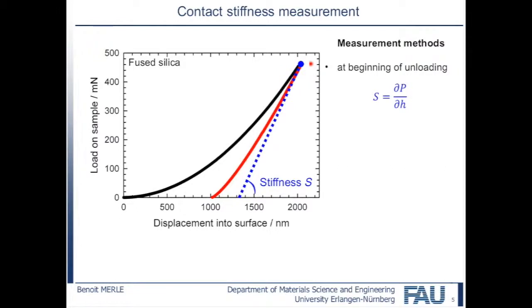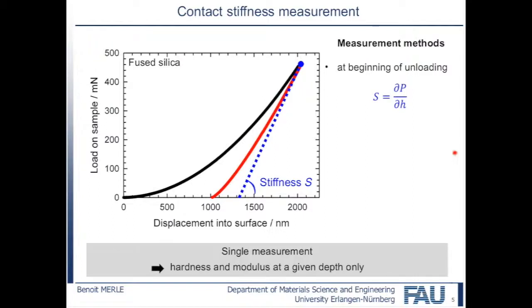In this case, the stiffness at that point is the local slope of the unloading load over displacement curve. Of course, you're doing a single measurement, so you will get a single value of the stiffness that is only valid at the beginning of the unloading, and as a consequence, you will only get the value of the hardness and modulus at this given depth.